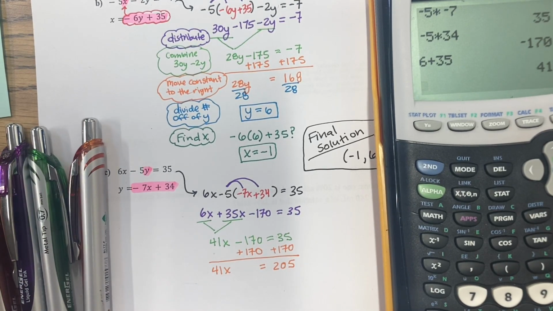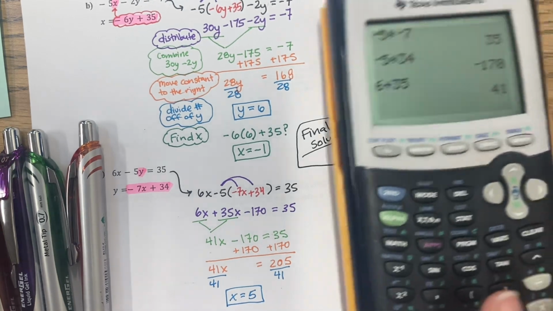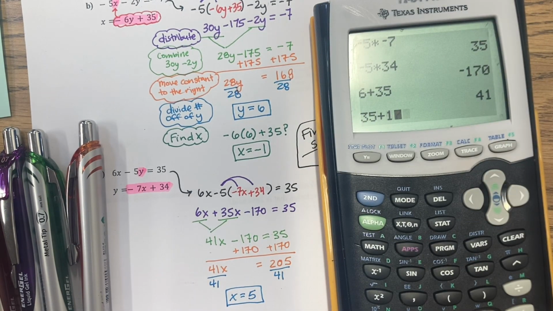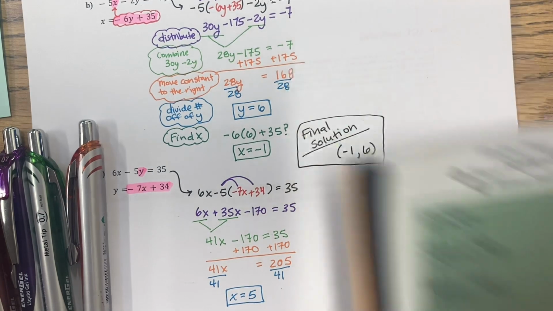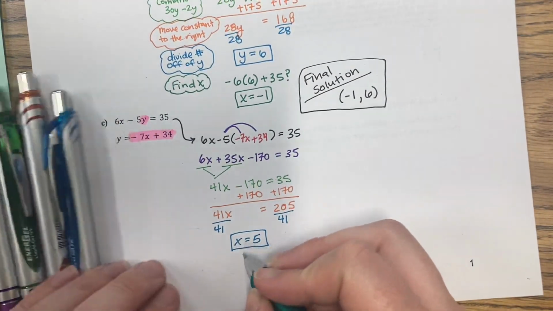And then we would divide. 35 plus 170, divide that by 41, x is a 5. To find my missing term, I then plug x in.